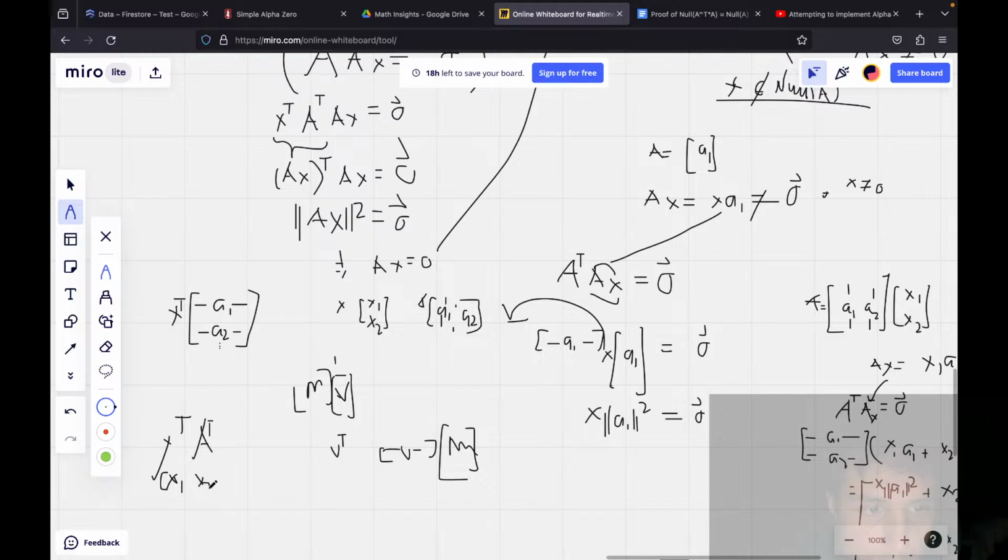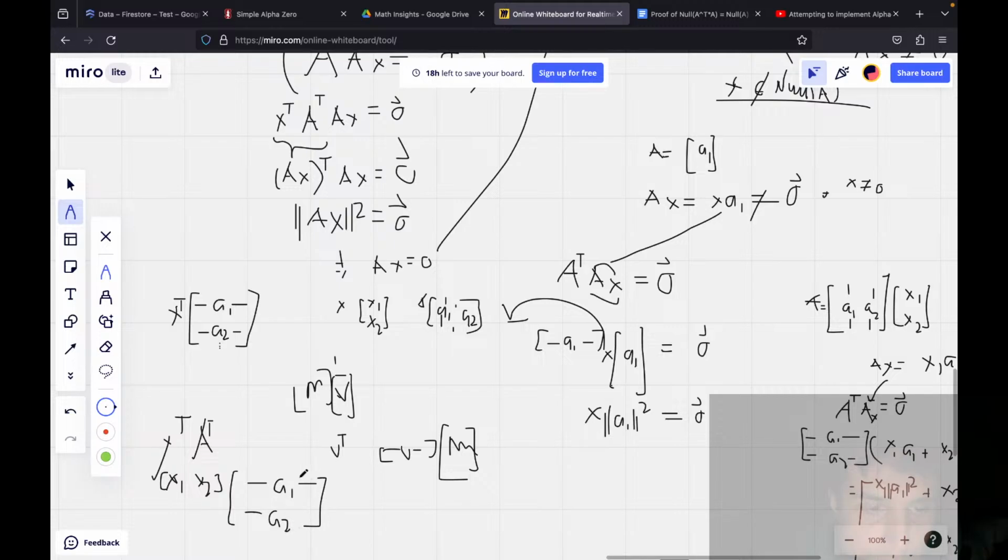Again, by transposing this matrix to get A transpose, this becomes a1 and a2.